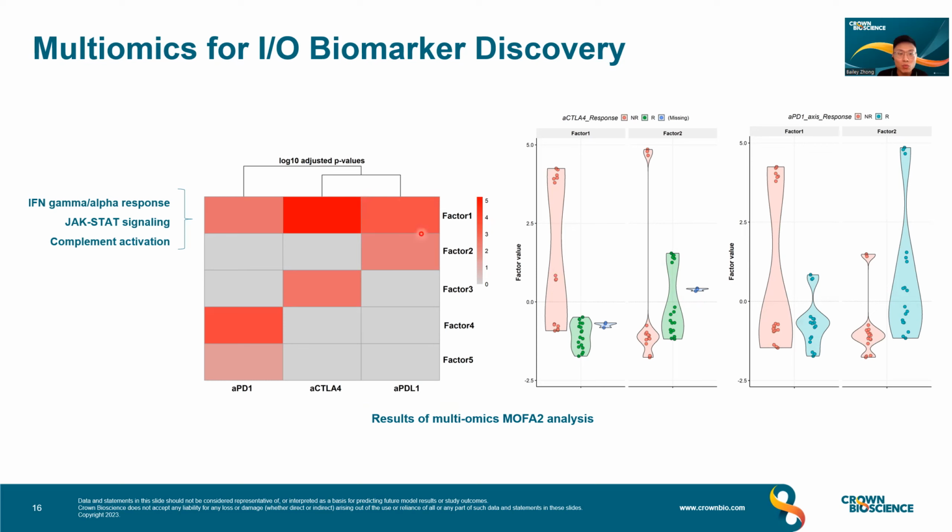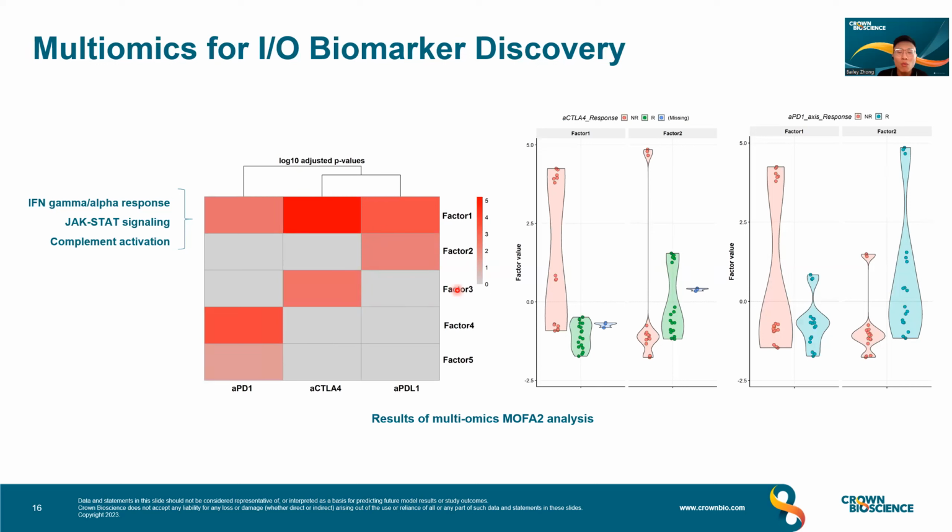We found factor 1 is very important for all 3 immune checkpoint inhibitors. This difference is especially clear for CTLA-4 treatment. You can see here, it is consistent with the heat map score.